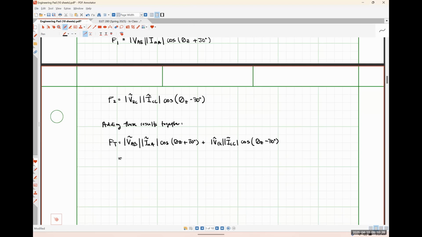And if this is a balanced system, the magnitude of VAB and the magnitude of VBC are the same thing. The magnitude of IAA and the magnitude of ICC are the same thing.